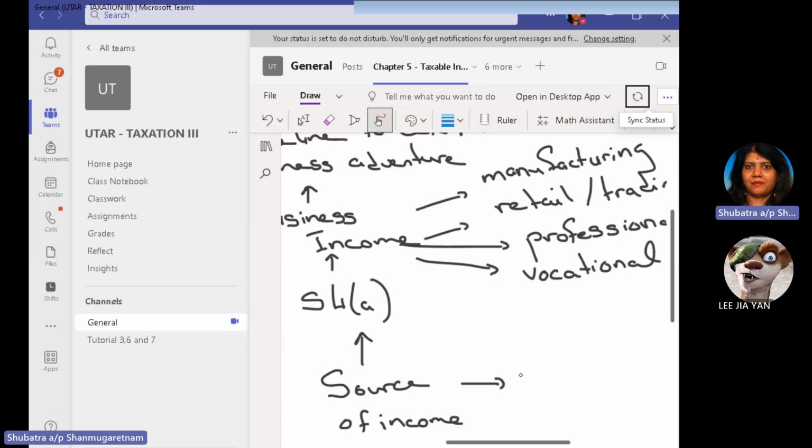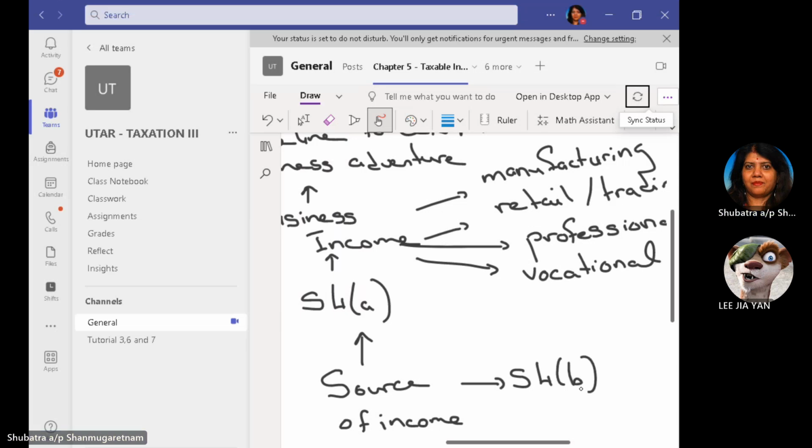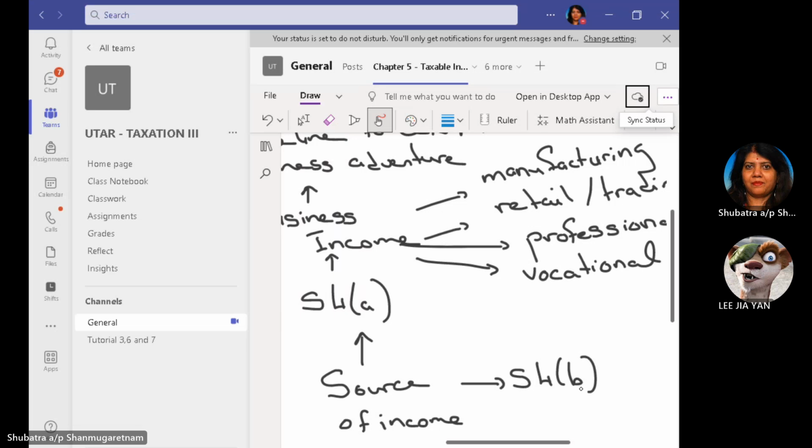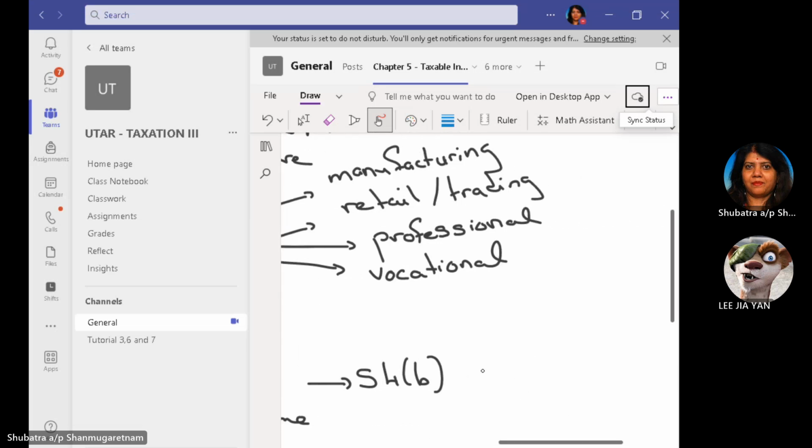Then you have section 4B, which is employment. 4B is employment income.